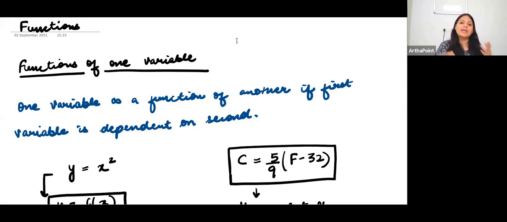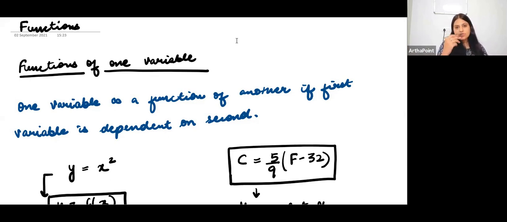And why I'm giving so many examples of economy? Because you have to relate this back to economics. This maths is actually mathematical methods for economics. How do I take it back to economics and apply it in economics?